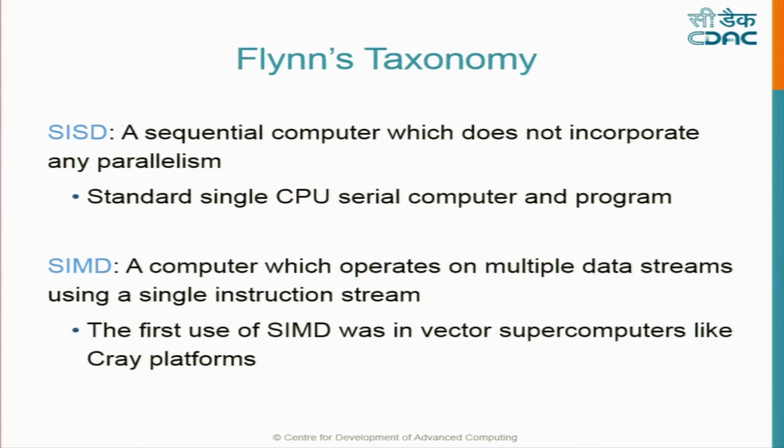Then comes single instruction but multiple data, which means that you have a computer which operates on multiple data streams. A good example of this is, let's assume you are processing the graphics on the screen. Let's say there are some 1000 pixels by 1000 pixels on the screen. You can tile it.